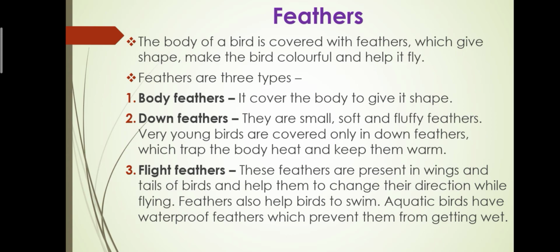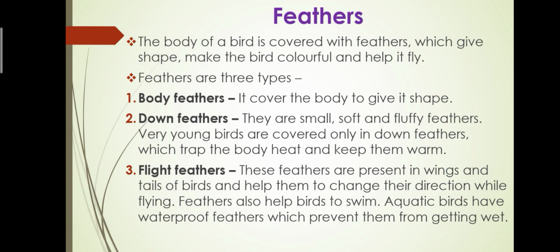Body feathers cover the body to give it shape. Down feathers are very small, soft and fluffy. Very young birds' bodies are covered only with down feathers, which trap the body heat and keep them warm.